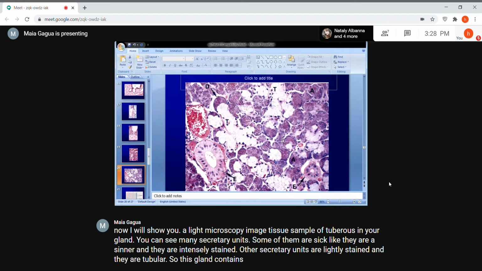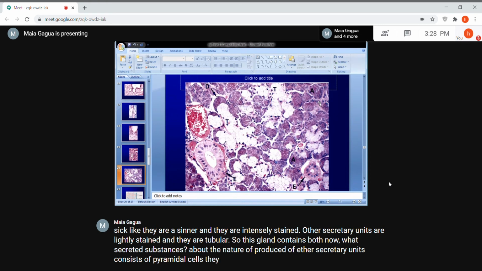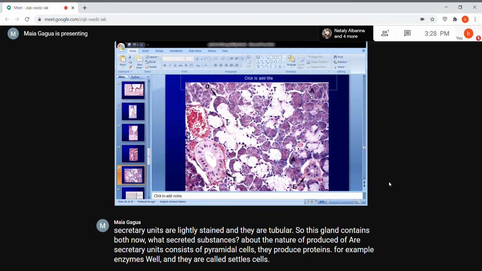Now what about the nature of the secreted substances? Acinar secretory units consist of pyramidal cells. They produce proteins, for example, enzymes, and they are called serous cells, and they stain intensely.